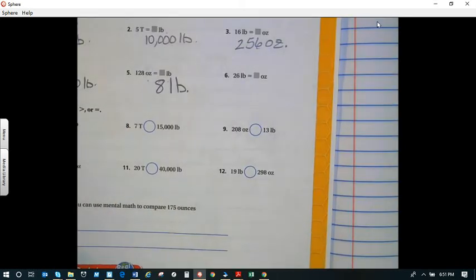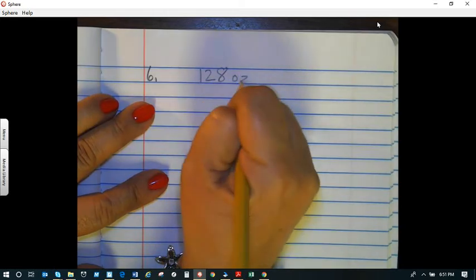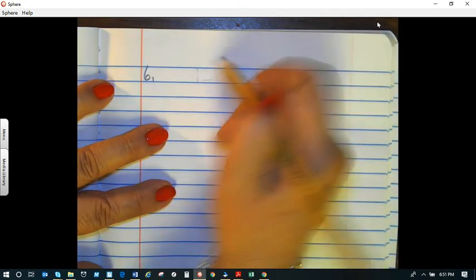Number 6, 26 pounds is equal to how many ounces? And so I'm moving my page here. Oops, sorry about that. Oh, I'm sorry. I'm repeating that same one. Going to number 6. I think I'm using pencil tonight. 26 pounds is equal to how many ounces?